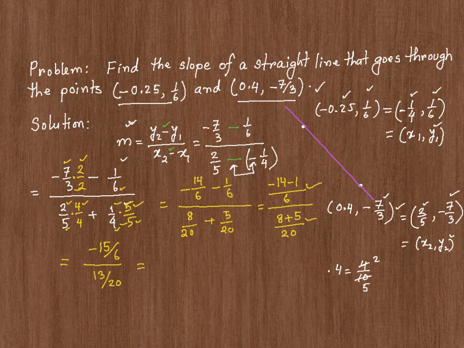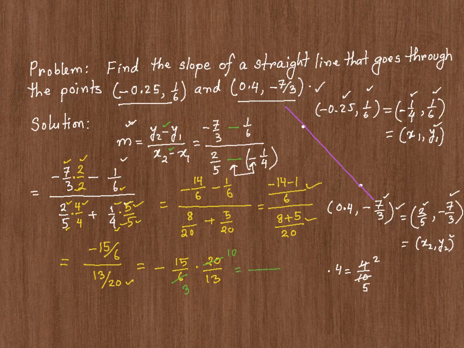If I simplify it further, it's negative 15 over 6 times the denominator flipped, which gives me 20 over 13. Now there is some cancellation that's going to take place here. 2 goes into 6 3 times and 2 goes into 20 10 times. In the denominator, nothing else cancels.